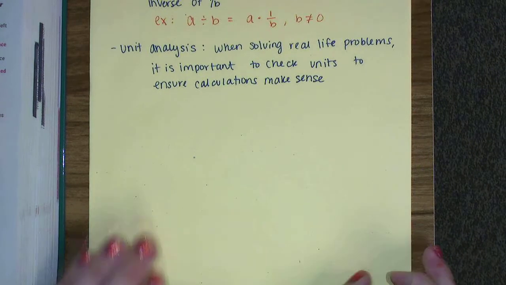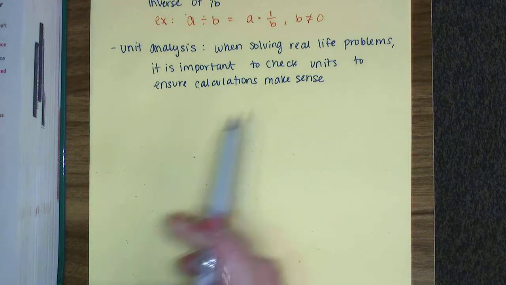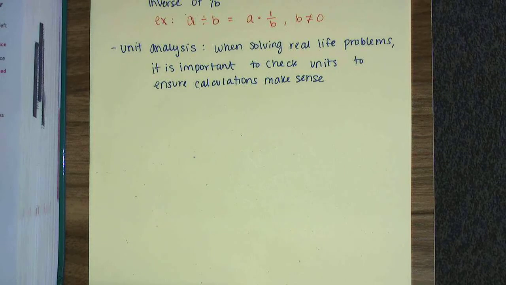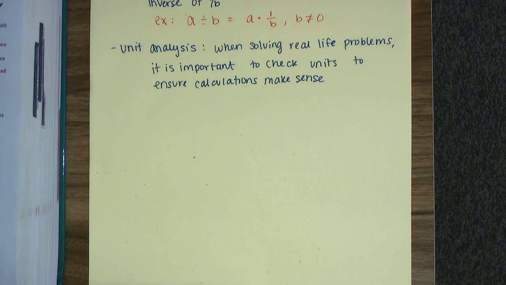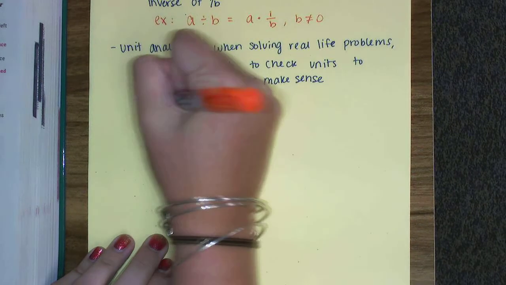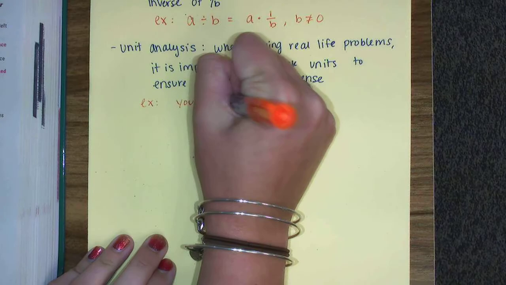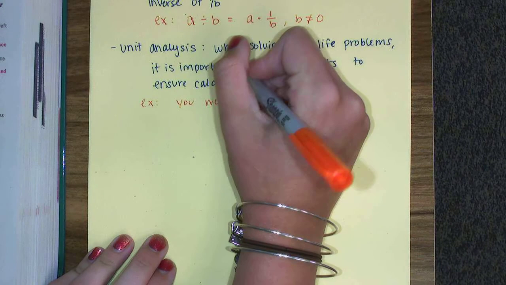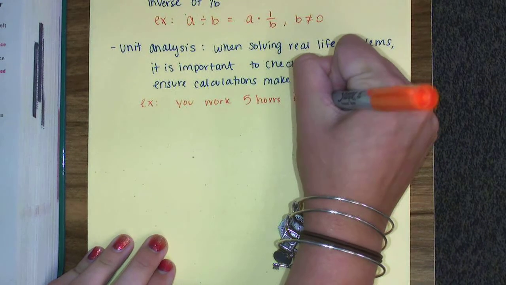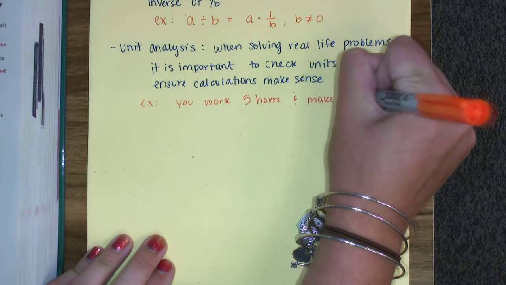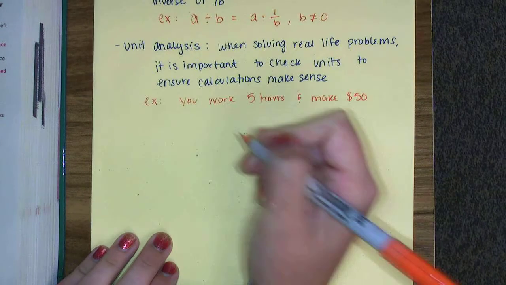So just as an example of what that involves, if you work some number of hours and you make some amount of money, let's just say you work 5 hours and make $50, how much do you make per hour?